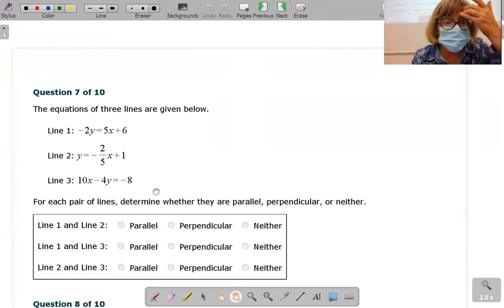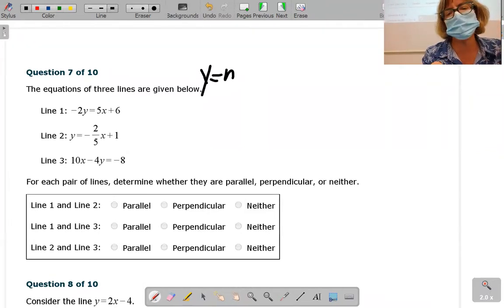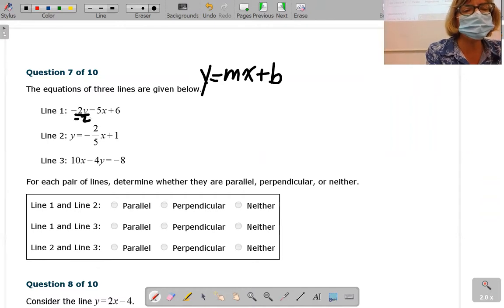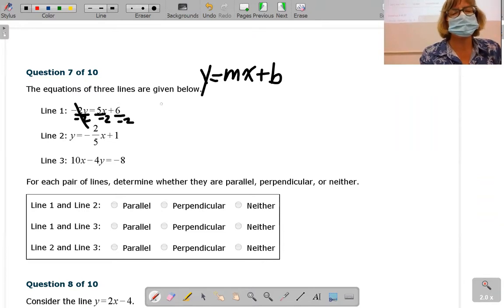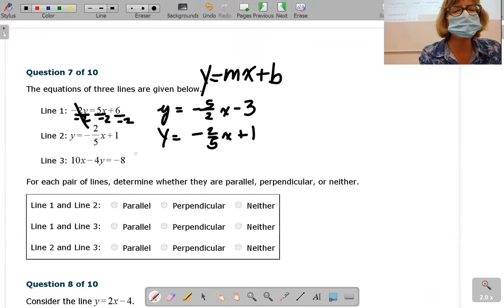We're doing parallel and perpendicular, but what you notice is that not all of these are in y equals mx plus b form. So that's the first thing you have to do. So for this one, I'm going to divide by -2. And we get y equals -5/2x minus 3. And this one we get y equals -2/5x plus 1.